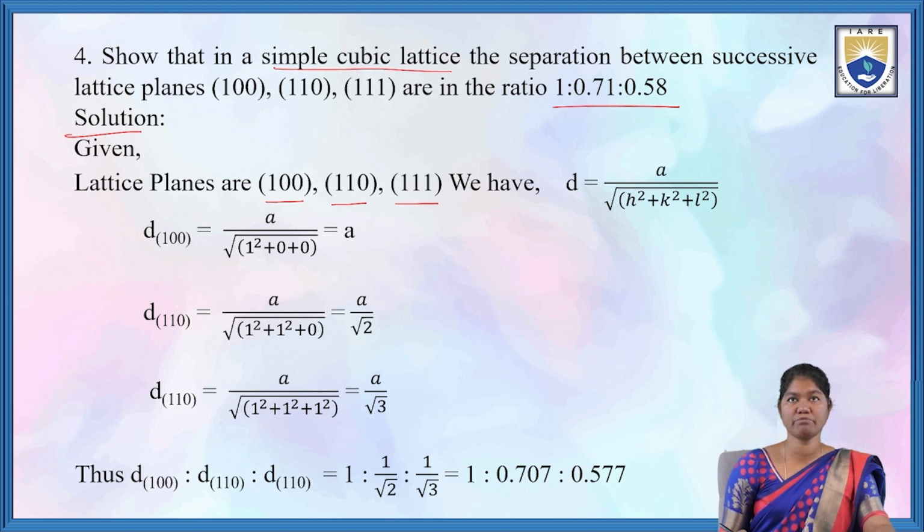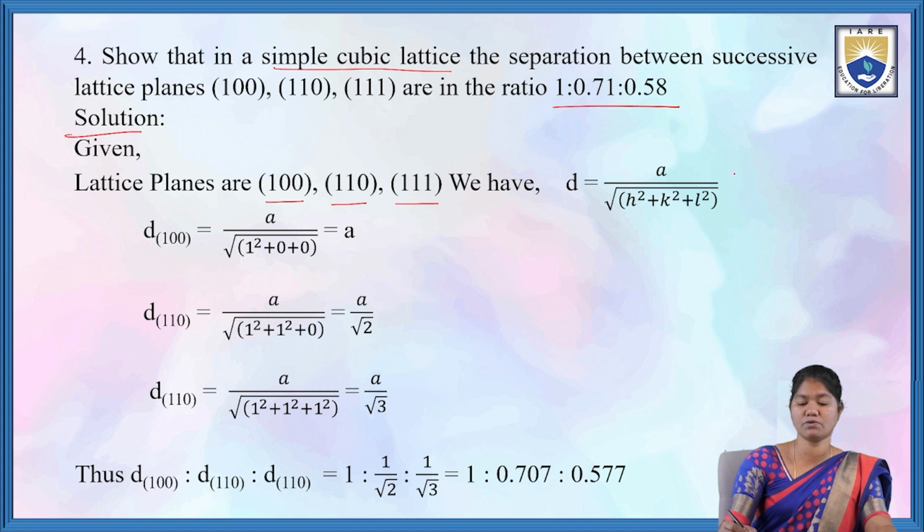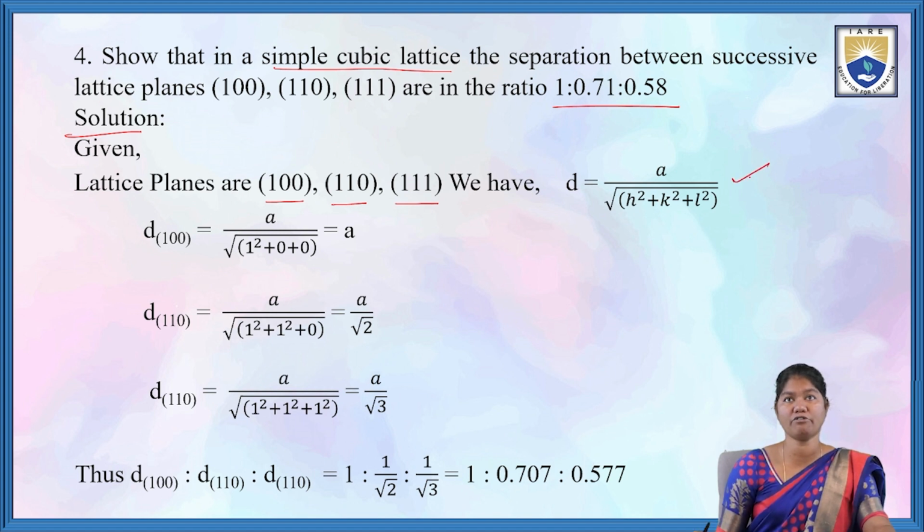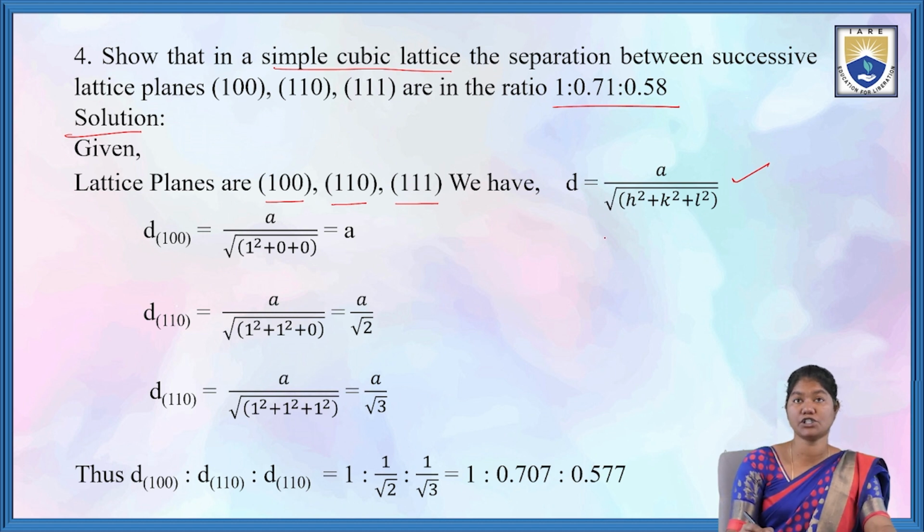For the separation between successive planes, we have the formula D is equal to A by root of H square plus K square plus L square.